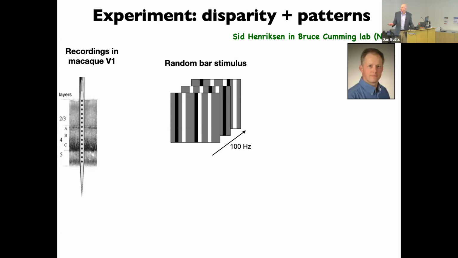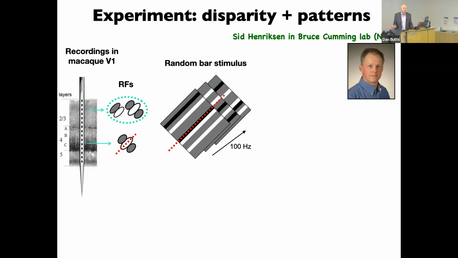You basically select different positions of black and white bars on gray at any given frame, while recording in V1. The stimulus is modified so that once you know the orientation of the receptive fields, you rotate the bars accordingly. So this gives a simpler stimulus, and you can always look at the direction of the appropriate disparity.